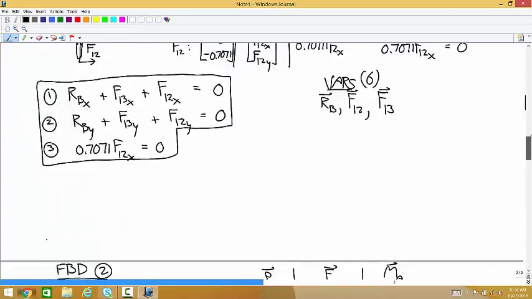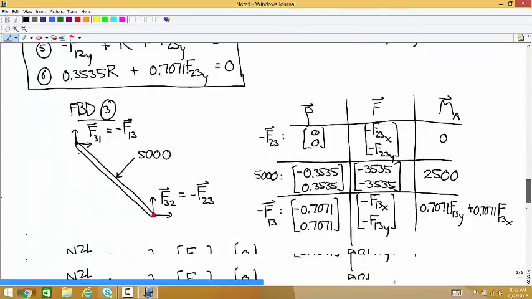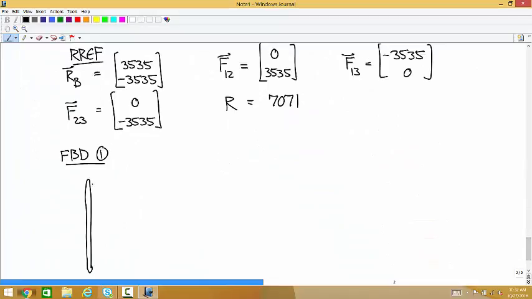Okay, so free body diagram of 1. Let's go back to our original one. This is R_B and F13 at the top and F12 at the bottom. I'm going to do it in 2 steps.